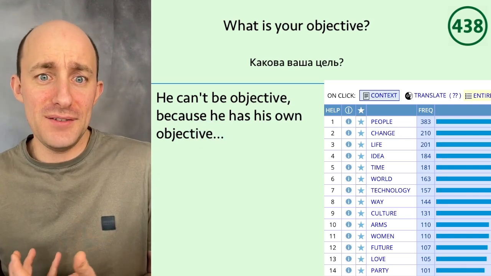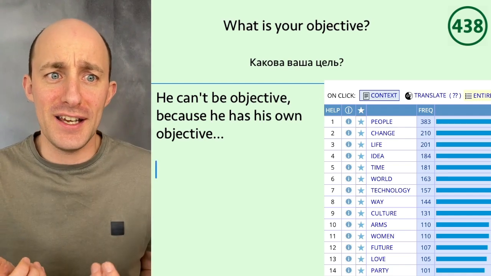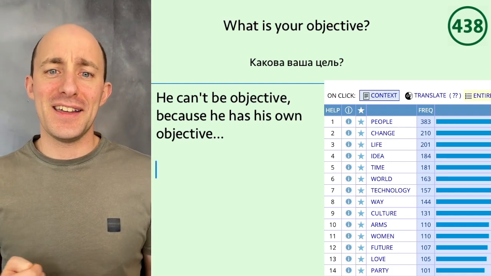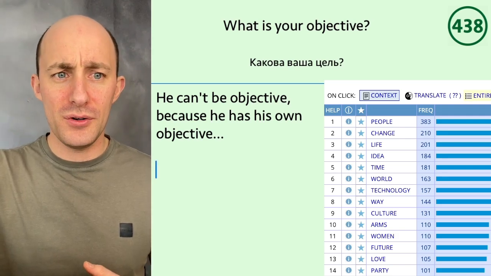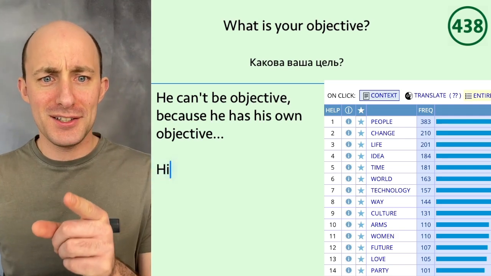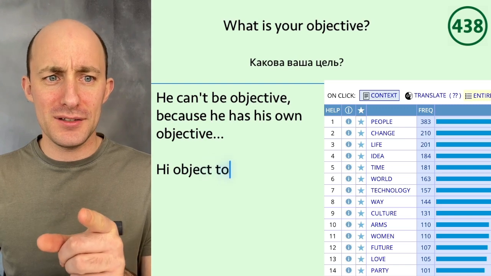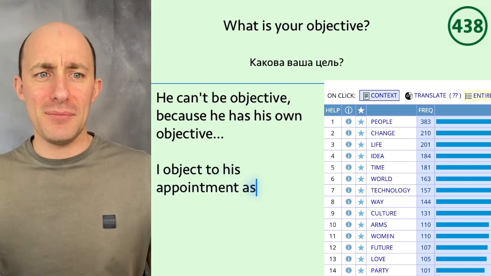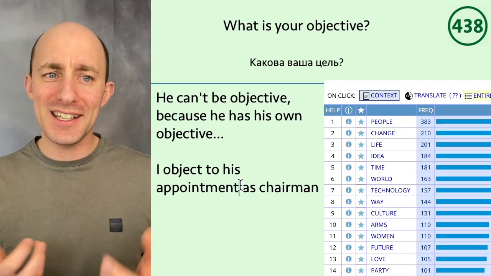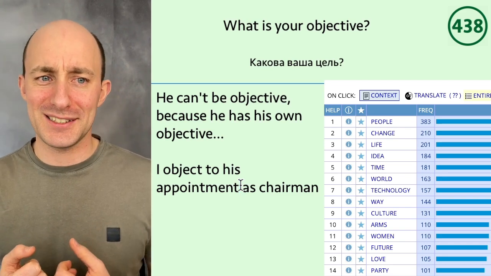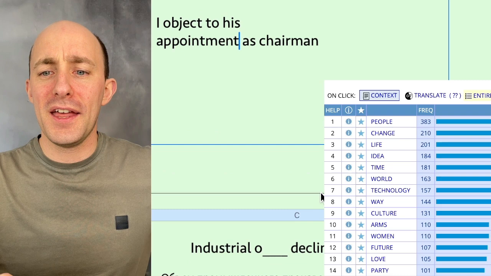Он не может быть объективным, потому что у нее есть свои цели или свой цель. He can't be objective because he has his own objective. So I object to his appointment as chairman. Something like that. So interesting how we use this word object, objectives.